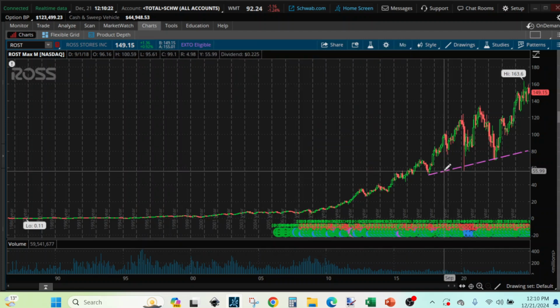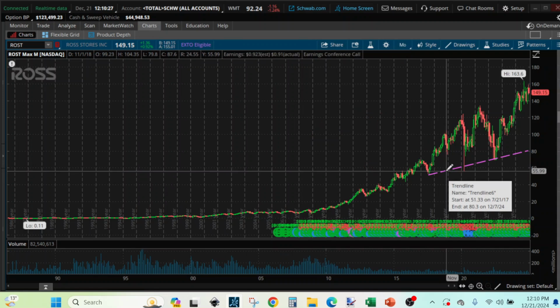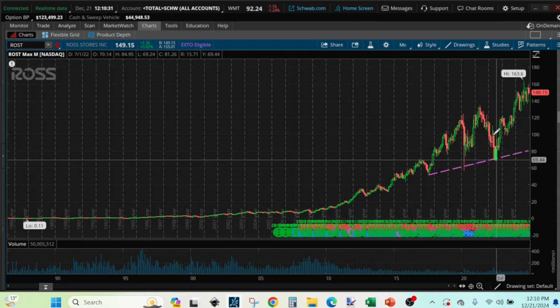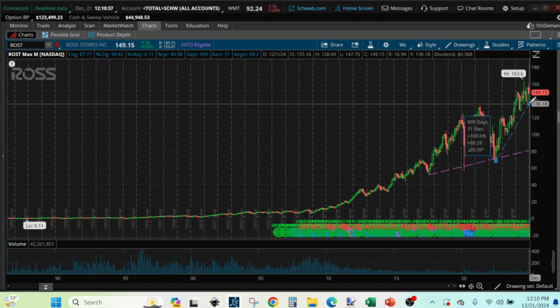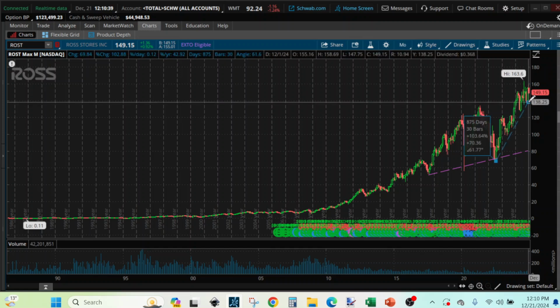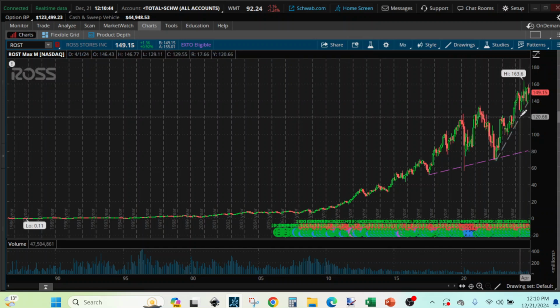Let's leave it like that, and then I will see if I can find some more points to connect. I'm trying to find some connecting points that can get me closer to current price. Does that make sense? So this is a good one, and I'm going to color it.